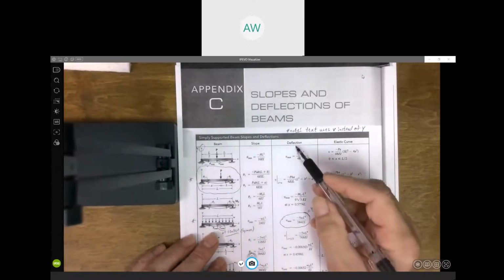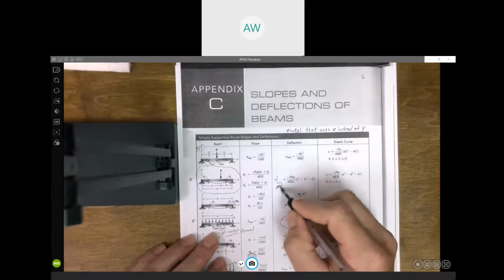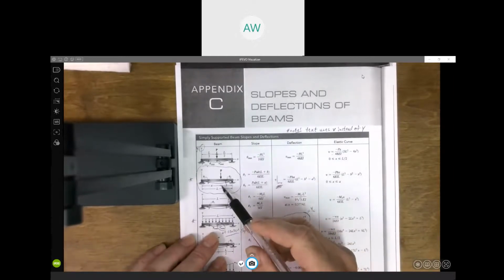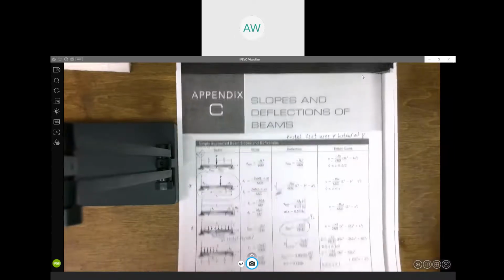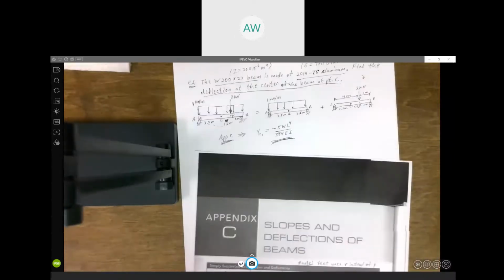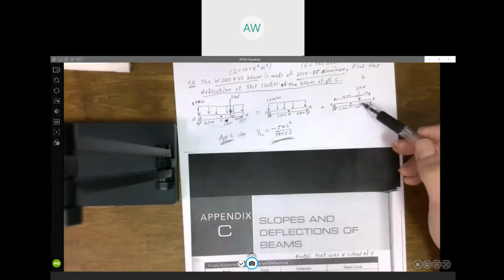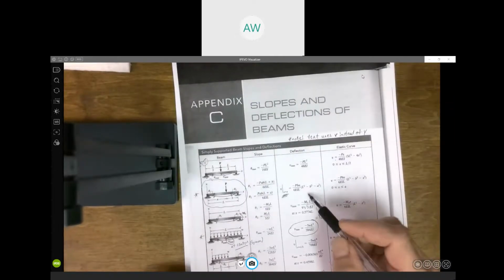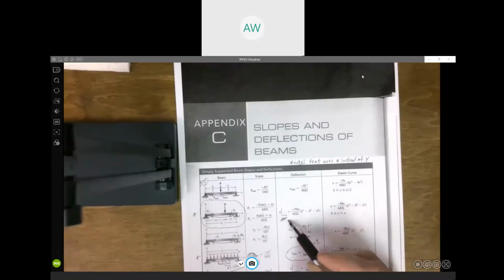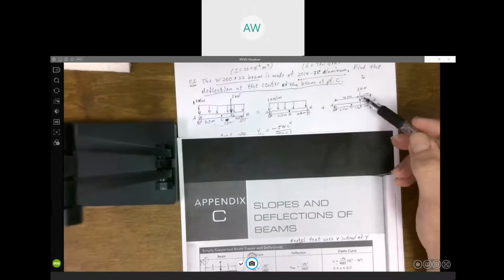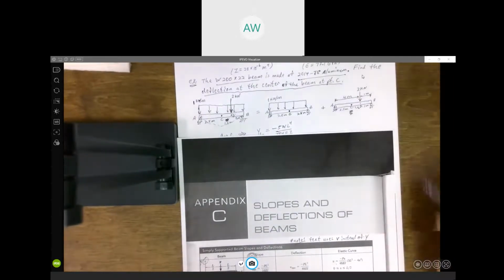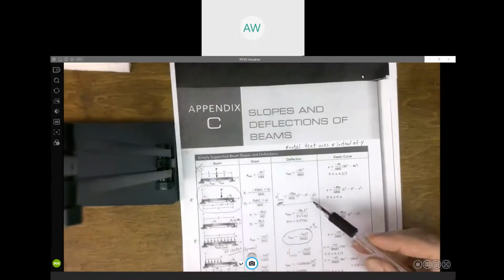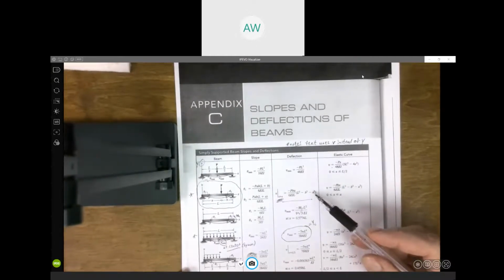Now, they give us a formula for the displacement at A where the force is applied, but that's not what we were asked to find. We were not asked to find the deflection at point D. That's what this formula here would give me, the deflection where that force is applied. That's not what we were asked to find. We were asked to find the deflection of the center. So we can't use this. This does not tell me what the deflection at the center is.